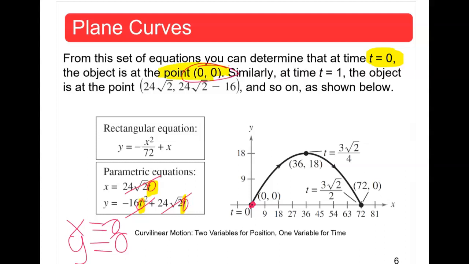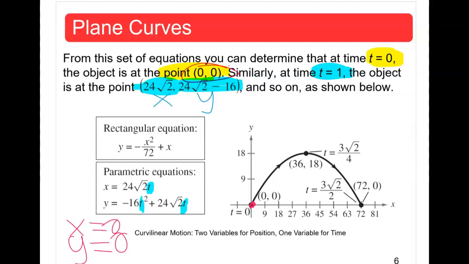So now if we want to know what happened at t equals 1, then we will do the same thing. We will substitute 1 in both equations. For every t, it will be a 1. And so after substituting 1, the point that we will get will be 24 times the square root of 2 for x and 24 times the square root of 2 minus 16 for y.